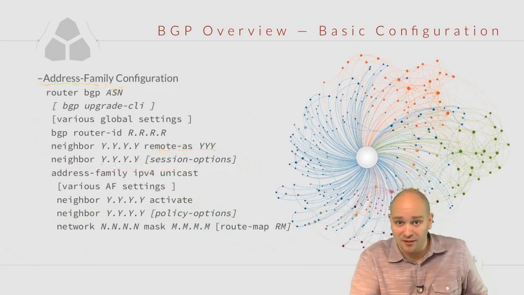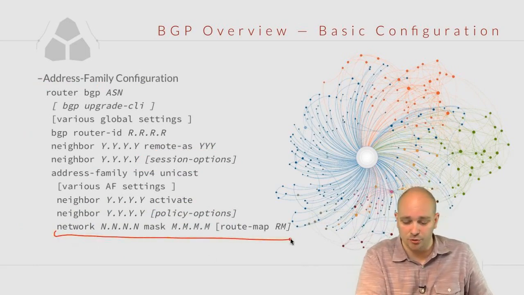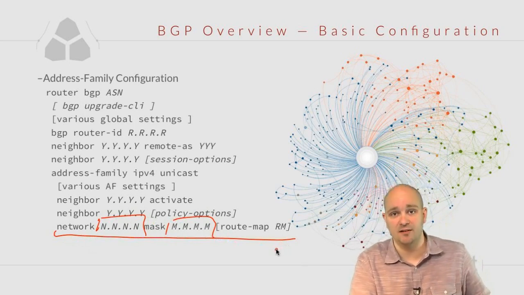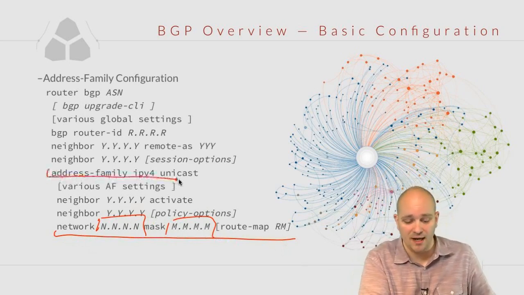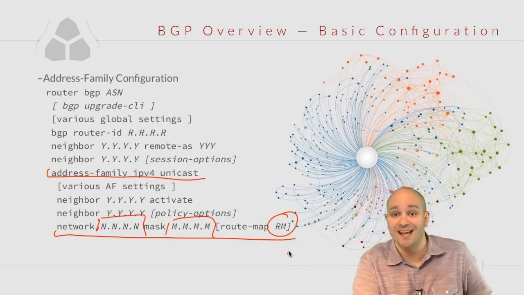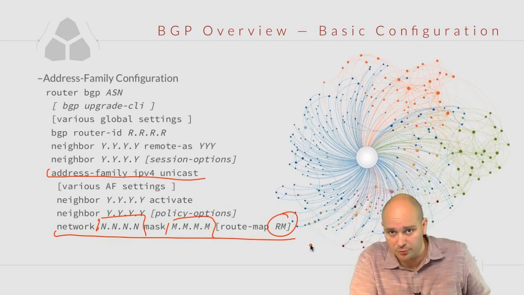Keep in mind that advertising the route is also a matter of policy. So advertising the route, network N with mask M, that behaves just like it does in the flat configuration, needs to be done under the address family, because this influences the fact that this route will be advertised with potentially these parameters in the route map.